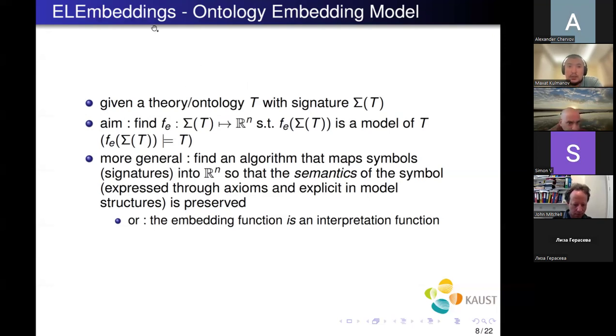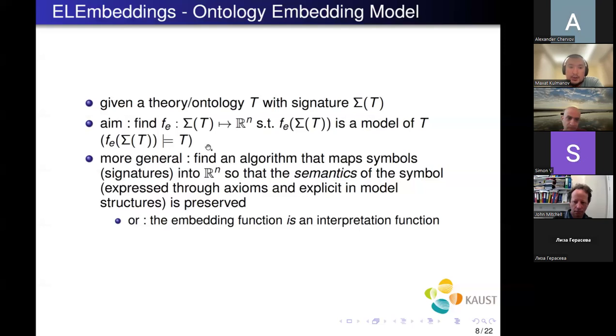But the idea here was to learn and embed ontology into Rn, so represent classes in Rn, in a distributed space, such that the properties of the ontologies, the semantics of the symbols, would be preserved in this Rn space.